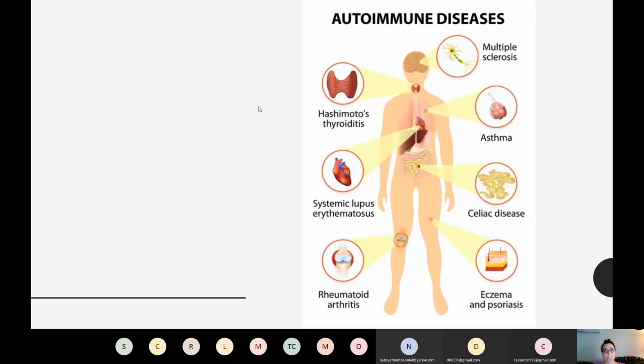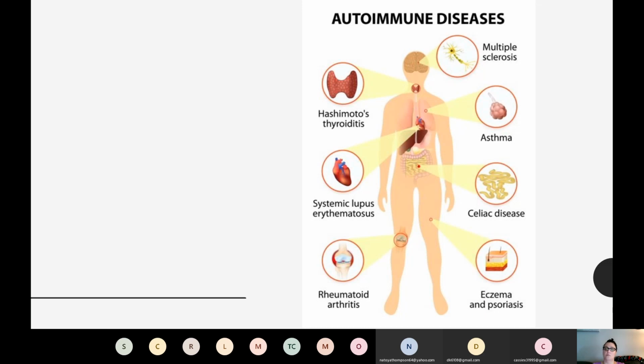Now, this is giving you examples. Multiple sclerosis, asthma, celiac disease, psoriasis or eczema, rheumatoid arthritis. So RA, rheumatoid arthritis, when you get that, it attacks the joints. And you get lots of inflammation and stiffness and swelling.